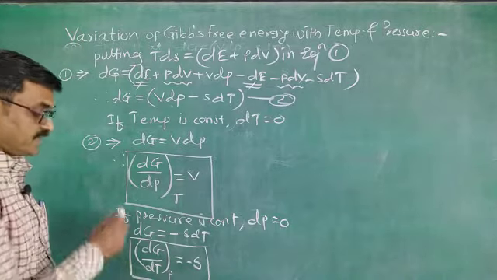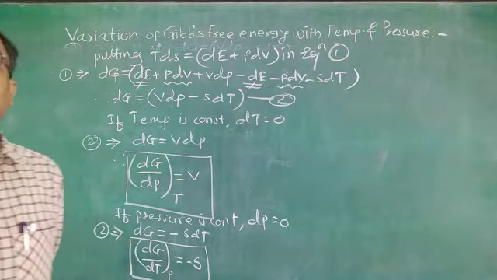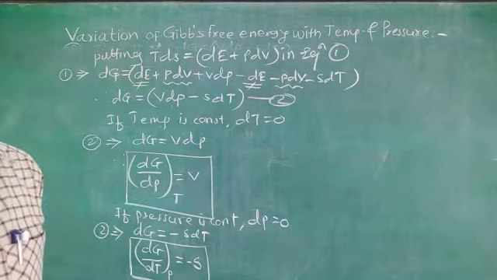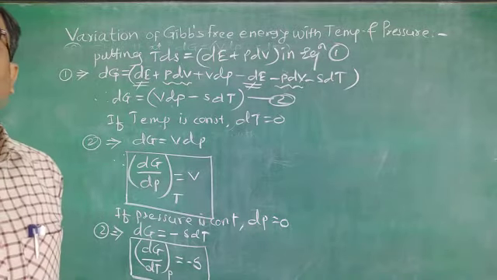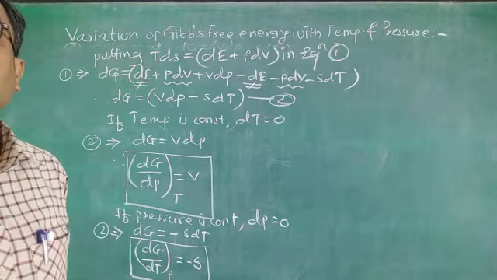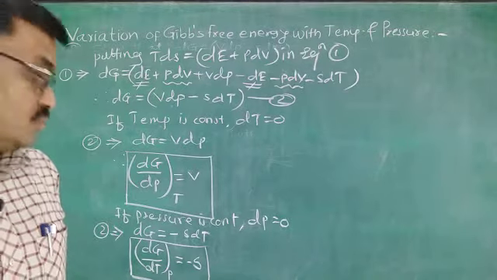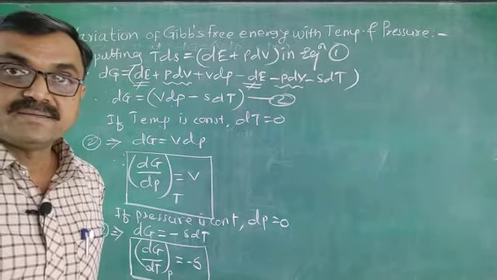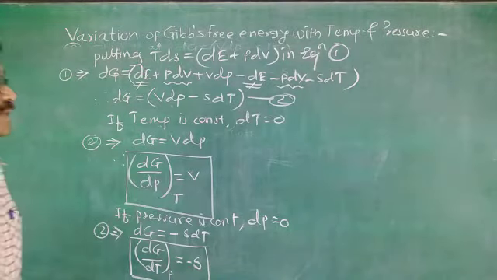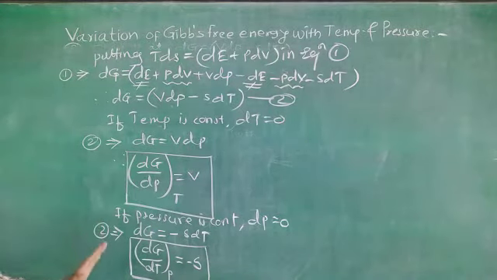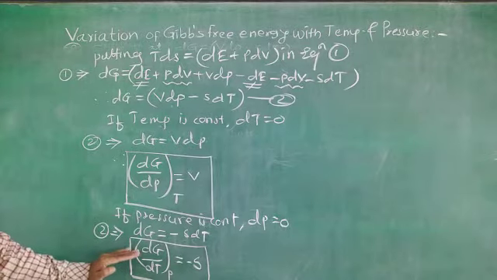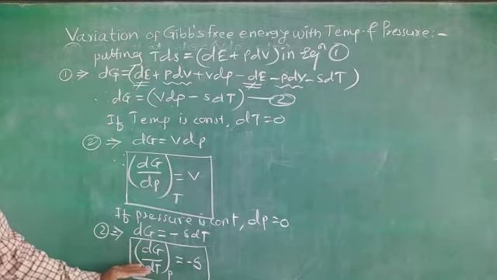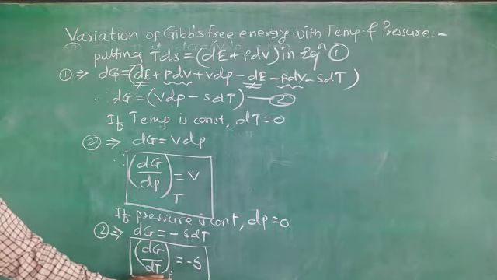From this derivation, it is clear that dG upon dT at constant pressure equals minus S is the variation of Gibbs free energy change with temperature at constant pressure.